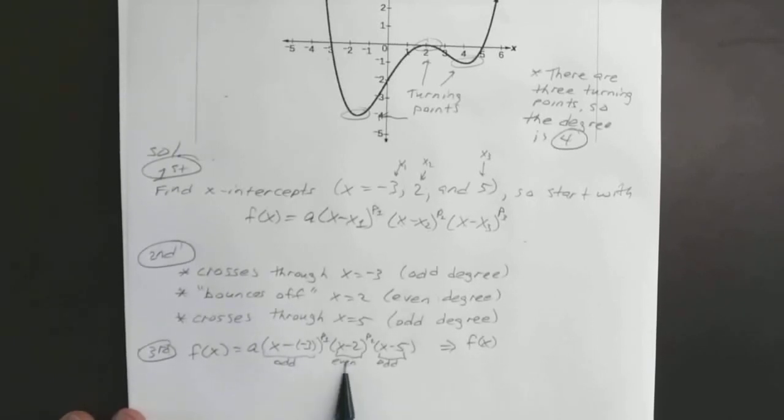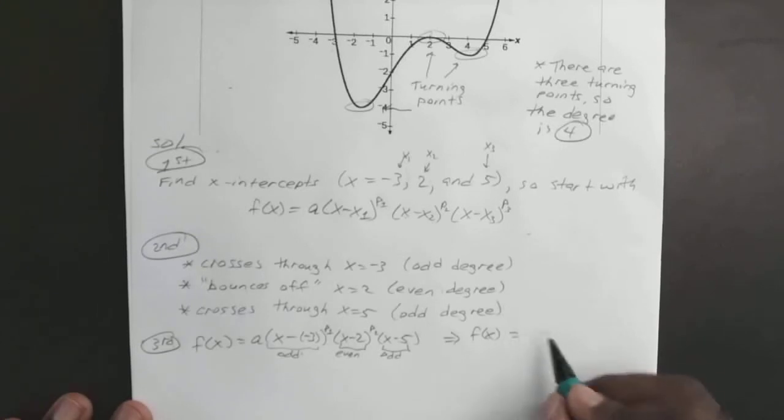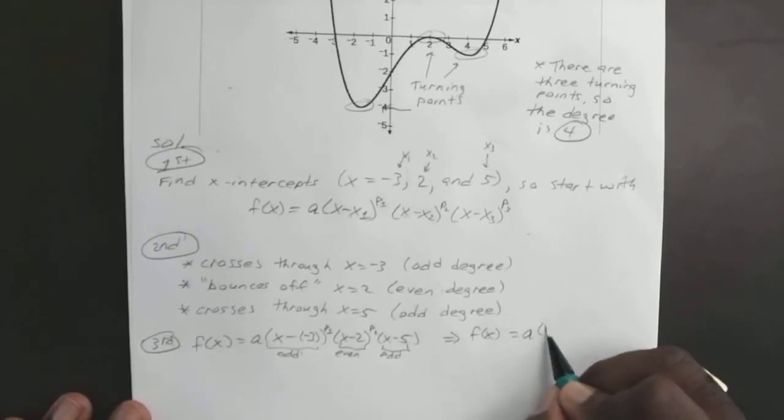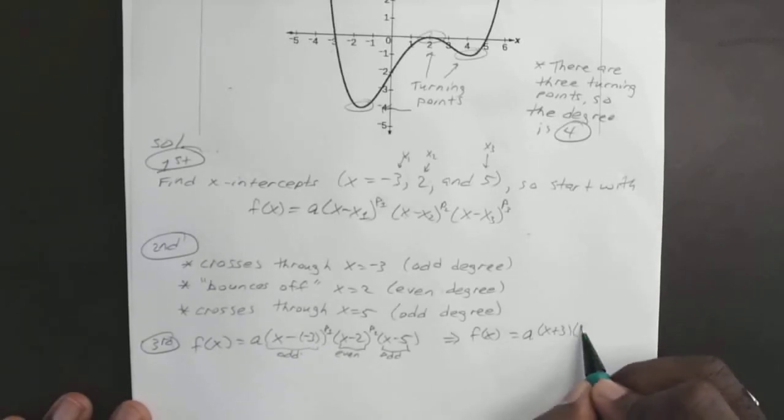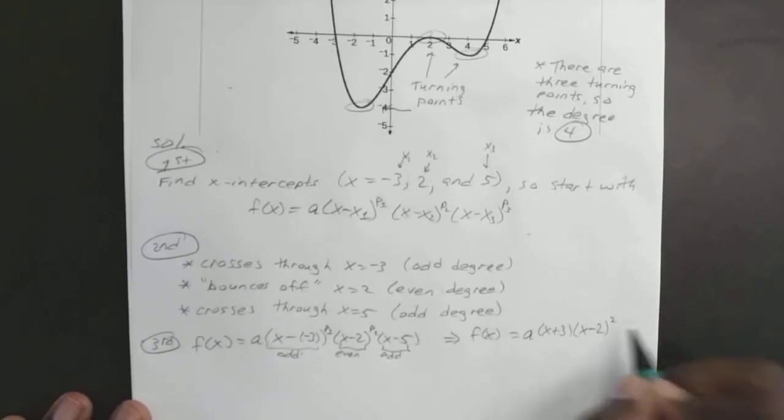Now the one thing we know is that this one is odd, this one's an even power, and this one's odd. So if we make this 1, 2, and 1, we have our degree of 4.